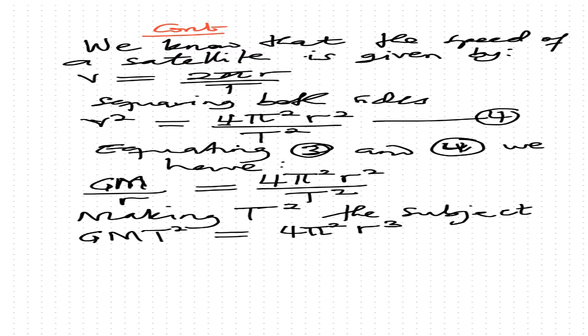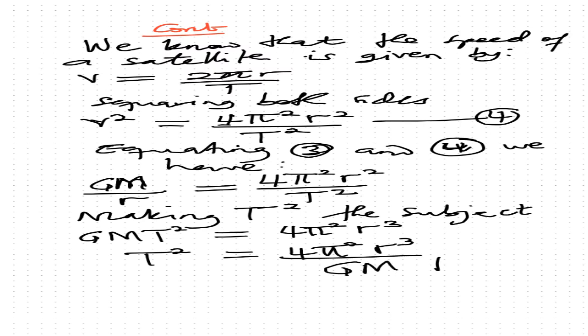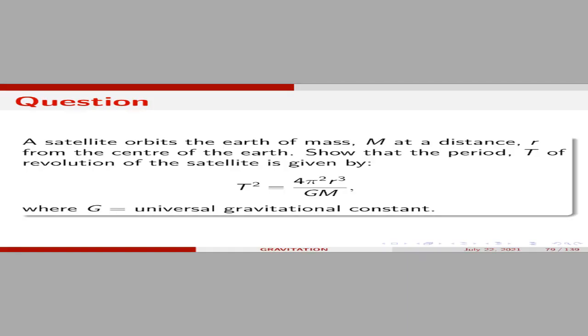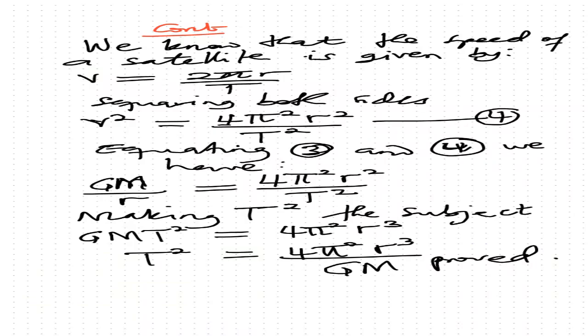Now you want t squared, so you divide both sides by GM, and you get 4 pi squared r cube over GM. Haven't we arrived at it? So we have proven it. We have shown that. So go to the question. You realize that we have answered the question accordingly. That is how you go about this question.